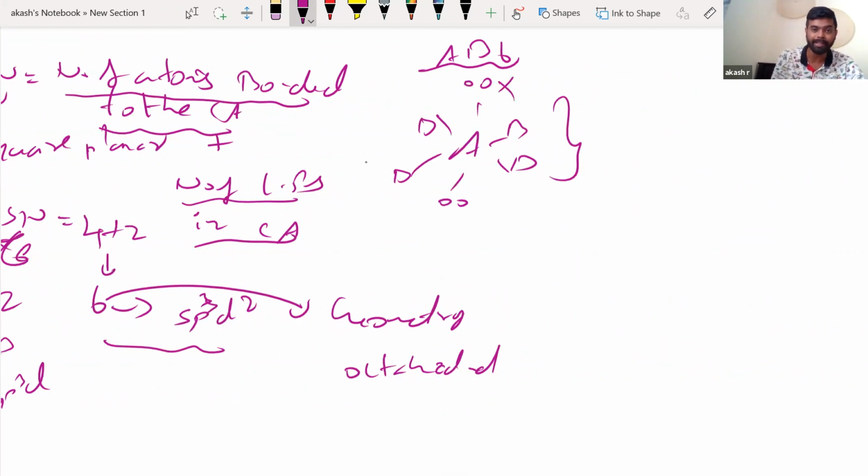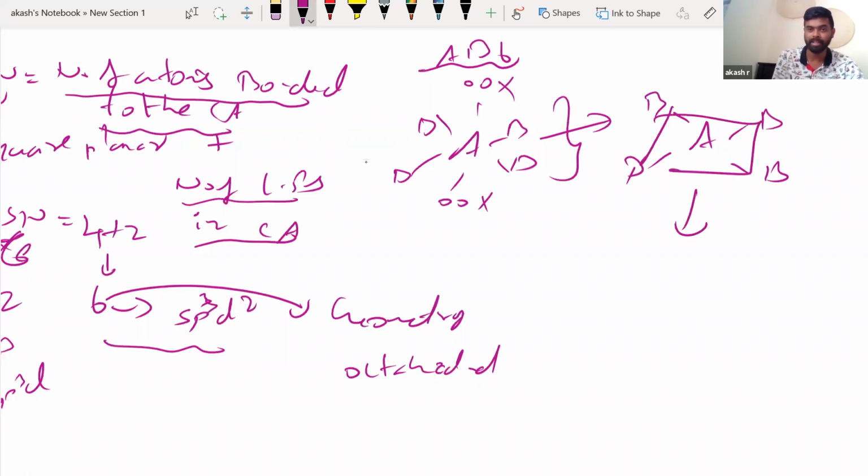Now forget that these 2 lone pairs are there. If you forget them, you will end up with this one, and you can see this is square planar. That's exactly what is happening with XeF4.